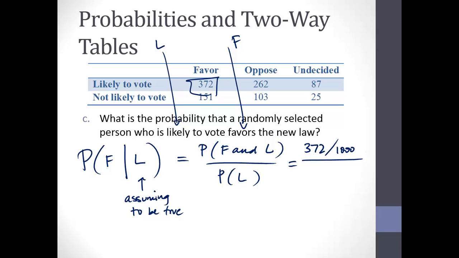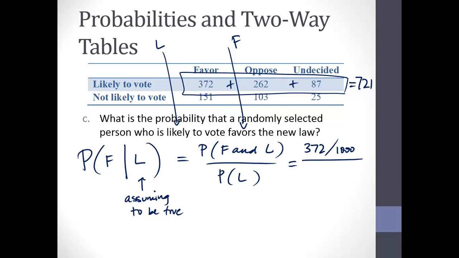And then the probability of being likely to vote, I guess we didn't actually add that up, but that would be all the people in this first row here. So 372 plus 262 plus 87, and that is equal to 721.